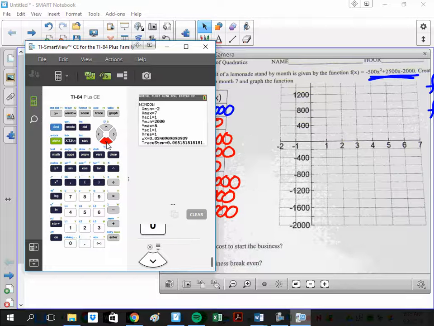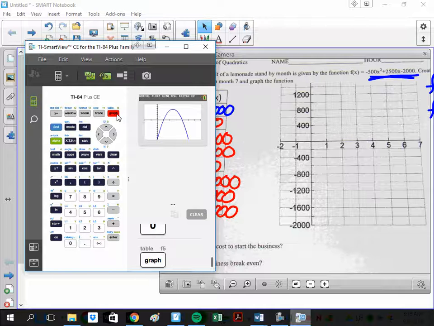That would work. Make sure you put negative on your 2,000, because I didn't. And what should we count by? 200? Does everybody understand the scale, what it means when I say what should we count by? Now if I push graph, my x-axis is in single units and my y-axis is in units of 200.